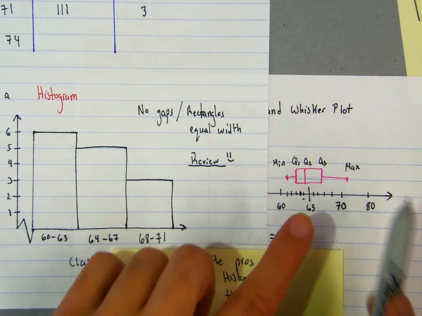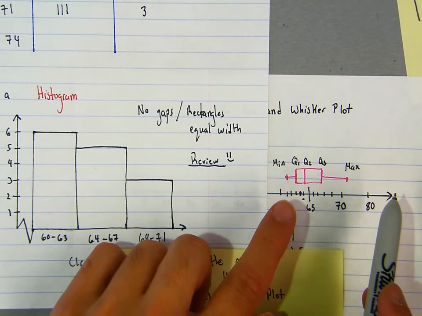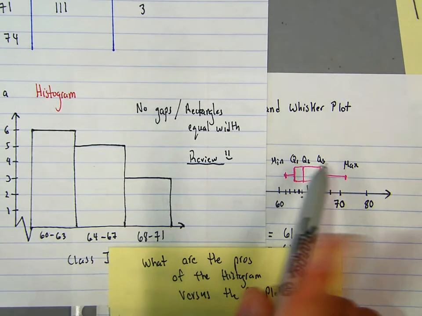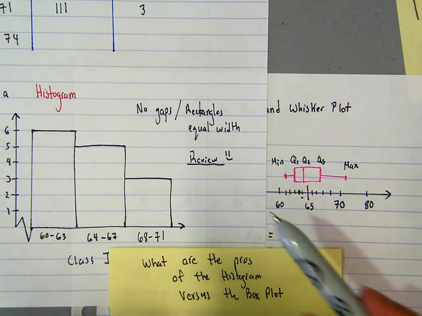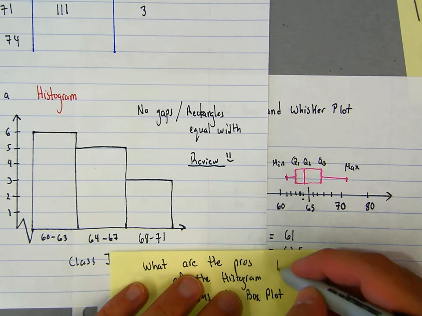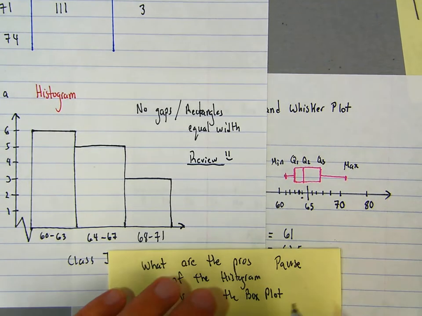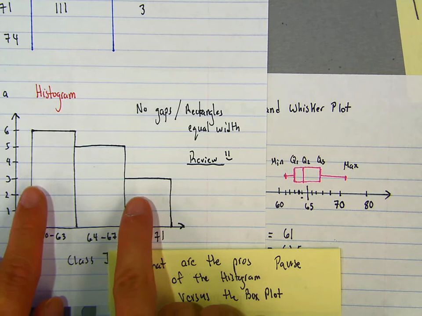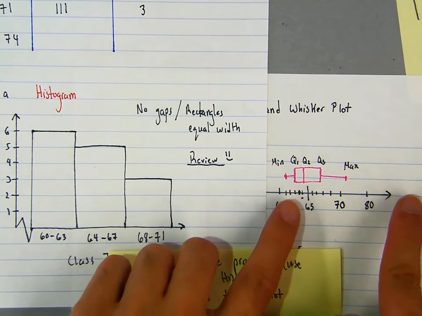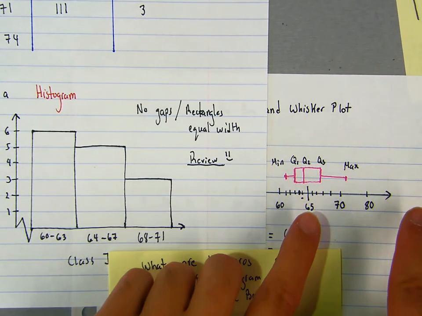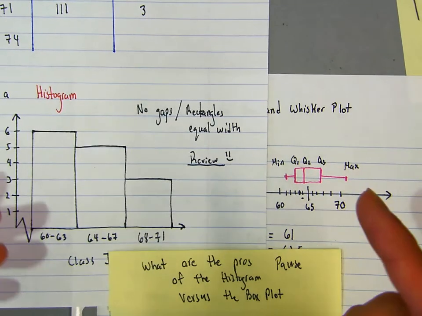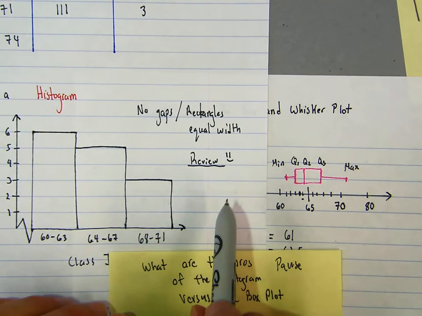Is there something a box and whisker plot shows that a histogram doesn't show? So what I want you to do is pause the video and think about it. What are the advantages of the histogram versus here? What are the advantages of the box and whisker plot versus here? Something to think about.